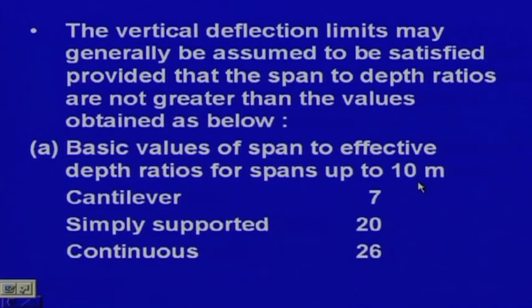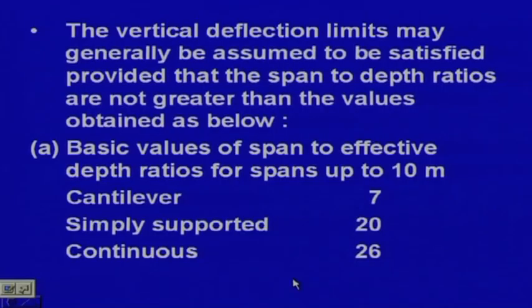That means if the span is up to 10 meter, then for a cantilever we shall take span by depth ratio of 7, because it will also help us choose the effective depth. In other words, we shall use these values: 7 for cantilever, 20 for simply supported and 26 for continuous beam.